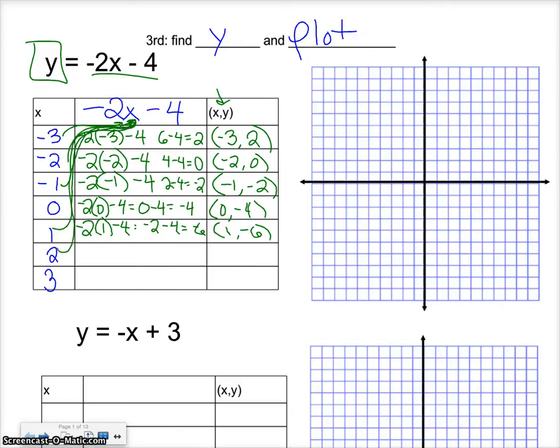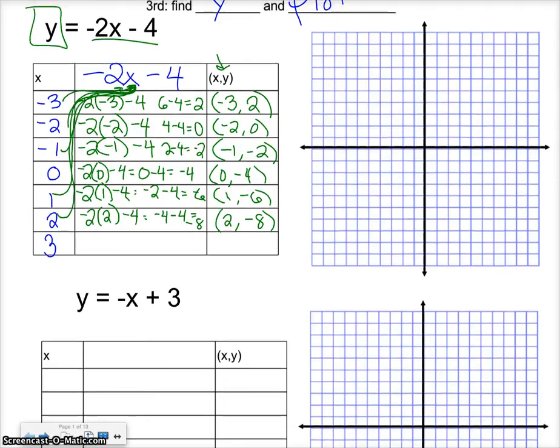You put 2 where the x is: -2 times 2 minus 4, which is -4 minus 4, -8. So I have the point (2, -8). And the last one, goodness, the 3 goes there: -2 times 3 minus 4, which is -6 minus 4, -10. Okay, see how this kind of takes a while?